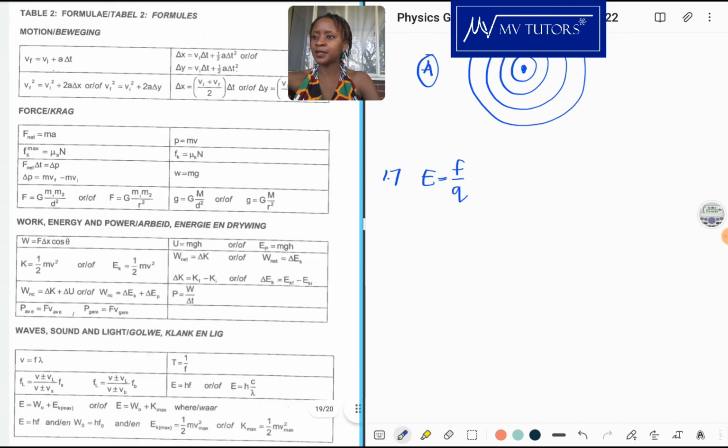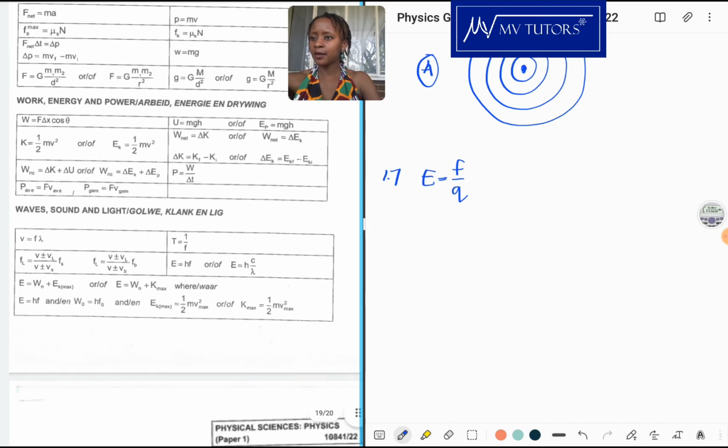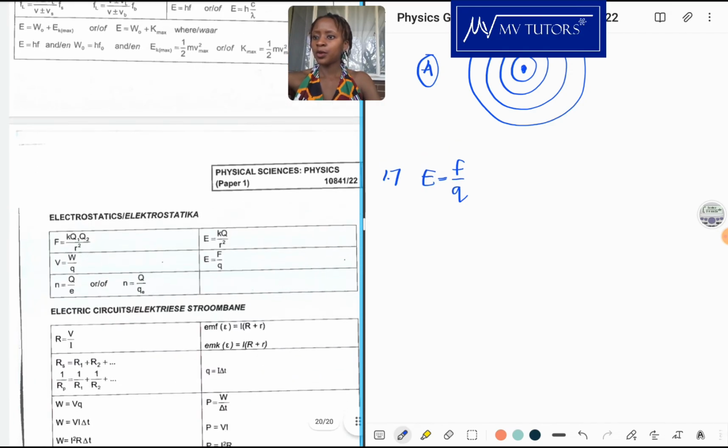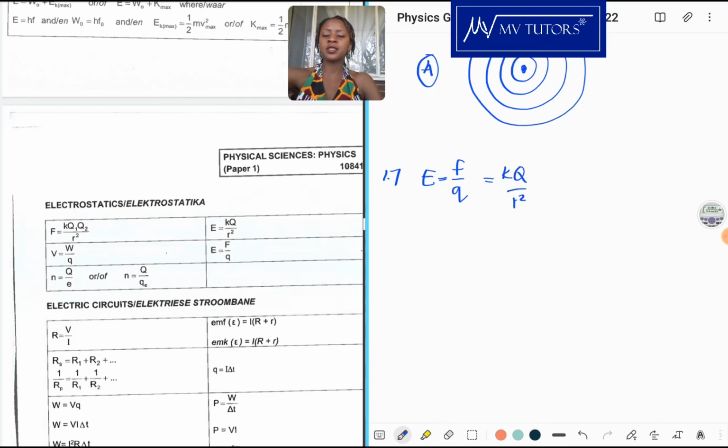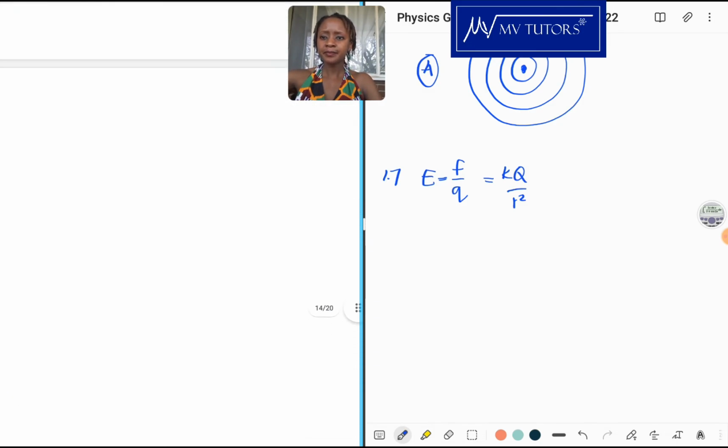Okay, electric field strength would be F over Q, but I prefer this equation better: KQ over R squared, because F is K times Q1 times Q2 over R squared. Okay, so that's basically that.